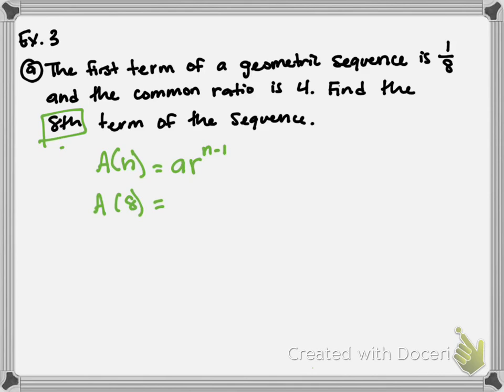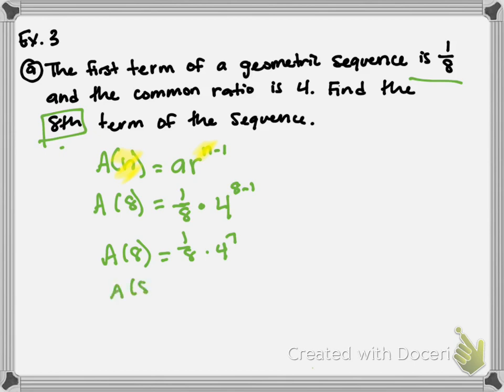So the first term they told us is 1/8. And I'm going to multiply by r, which stands for ratio. So 4 to the n minus 1, and n is 8, right? 4 to the 8 minus 1. So the value of the 8th term is 1/8 times 4 to the 7th.